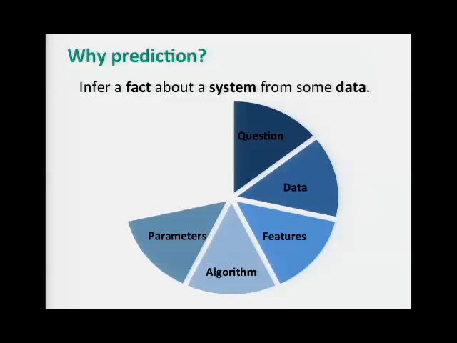And for the algorithm, we usually need some parameters. Those parameters are very important too. They will allow us to have different performance of the algorithm. When we want to implement the algorithm and select some parameters, we will have to split our data in two different sets.